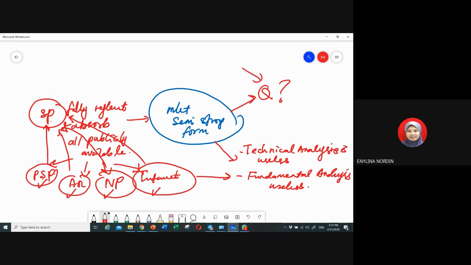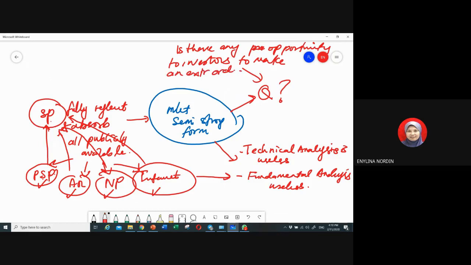But the question here is, is there any probability or opportunity, the right word, for investors to make an extraordinary profit in the semi-strong form efficiency?